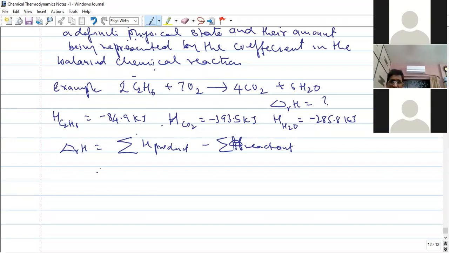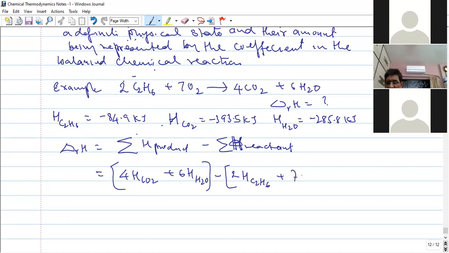Product कौन है यहाँ पर? Carbon dioxide. So 4 into enthalpy of carbon dioxide, 4 इसका coefficient है, plus 6 into enthalpy of water, minus 2 into enthalpy of C2H6 plus 7 into enthalpy of oxygen.